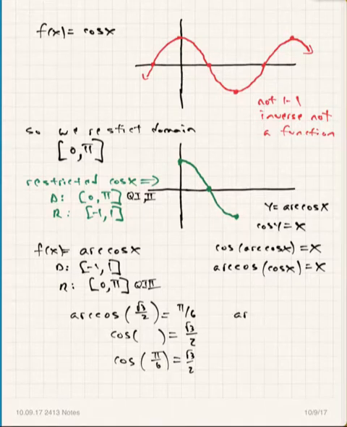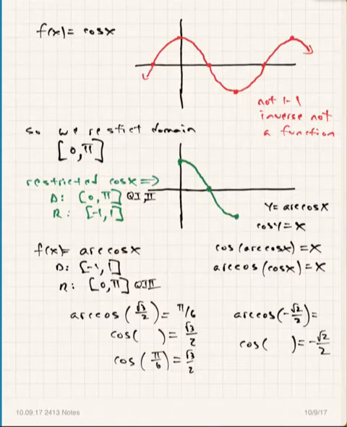The arc cosine, this will be the last one. I'm not going to spend too much more time on this. Let's say we have negative square root of 2 over 2. We're not sure what that is. Then we would say that the cosine of that answer has got to be negative square root of 2 over 2. We obey the restriction that the x value must be between 0 and pi for the restricted cosine function.